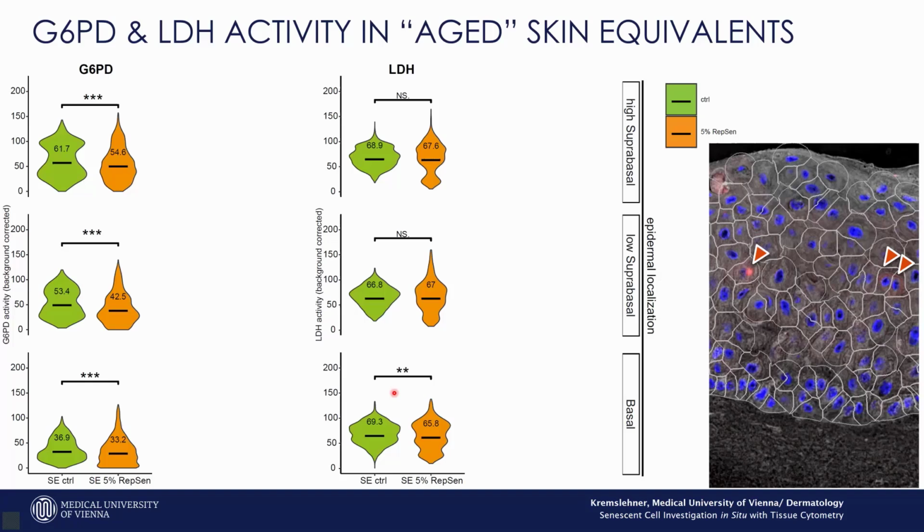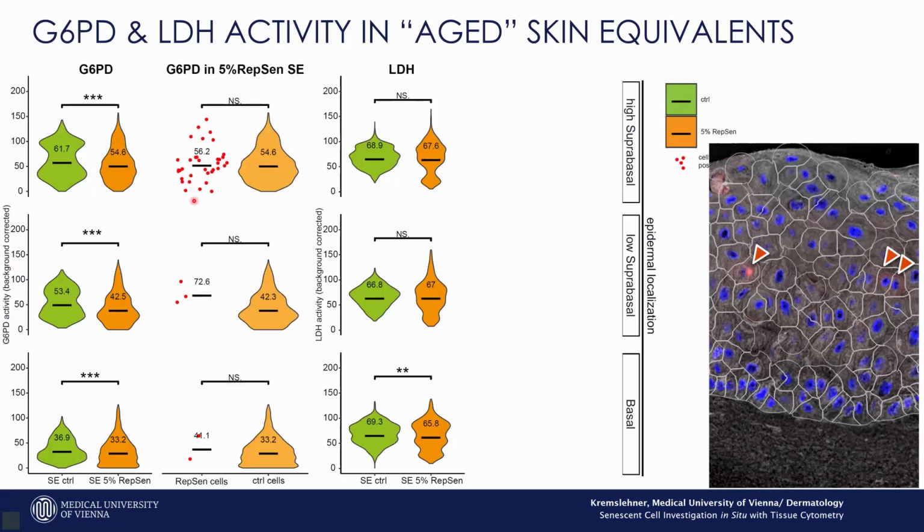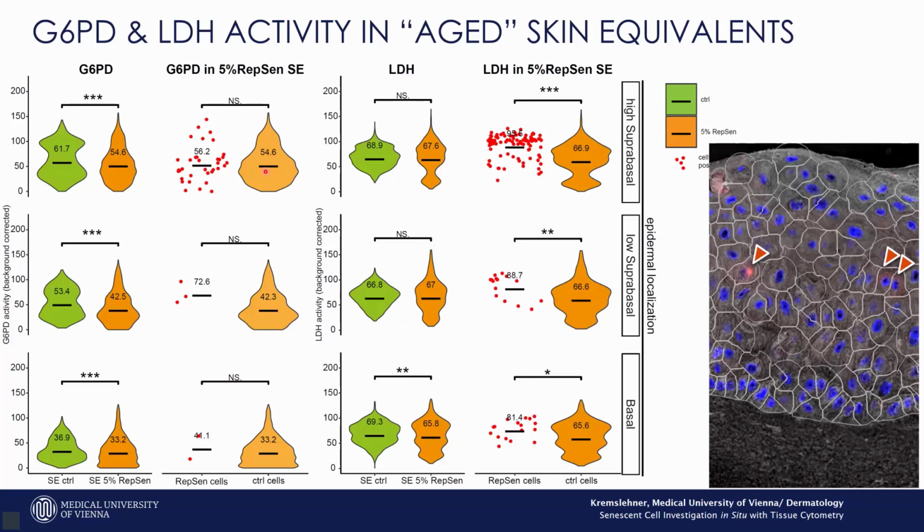But when we start comparing only the senescent cells to their neighboring control cells, there was no change in the levels of G6PD, at least no statistically significant change, while the activity of lactate dehydrogenase was highly elevated in these replicative senescent cells.